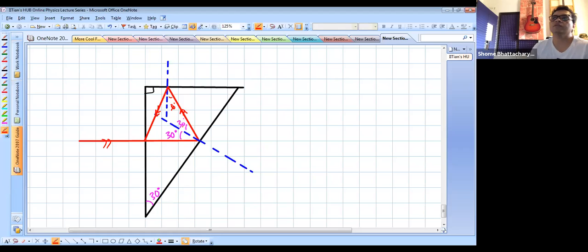So this angle is also 30, so this is 60, this is 60. So now again this angle is 60. This time, this is the normal. So it will keep going on this kind of path. Now this angle is 60. So the first, second, and third are all total internal reflections.